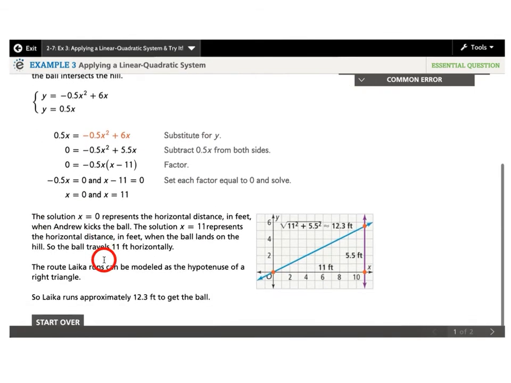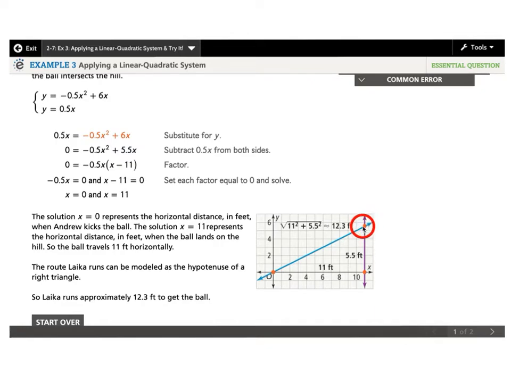We're going to drop x equals 0. We're going to keep x equals 11. If we know y equals half of x, so if the x is measuring at 11, y must be 5.5. That's the height of the ball when the dog catches it.